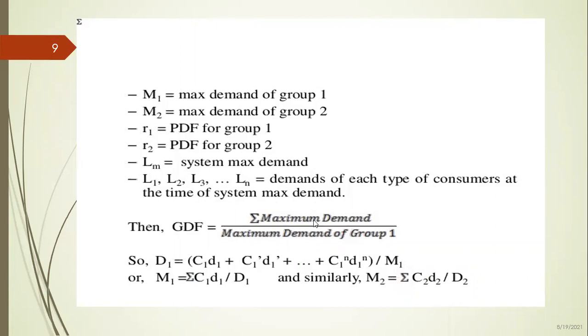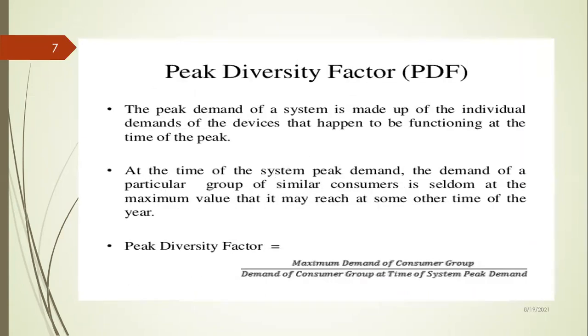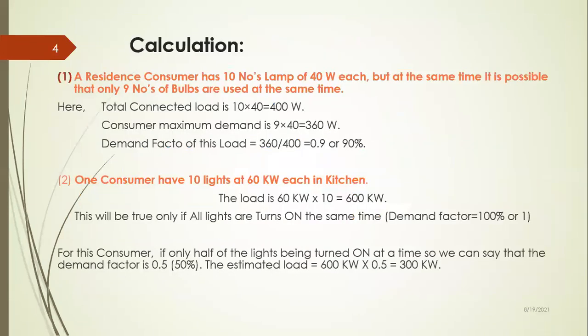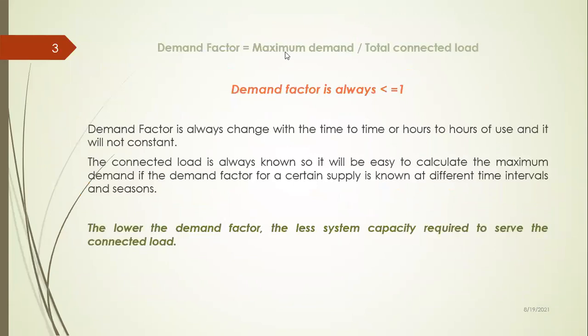Maximum demand is equal to demand factor multiplied by connected load. We have already done this formula, I will show you again. So here it is. From this formula, maximum demand is equal to demand factor multiplied by connected load, for any particular consumer.